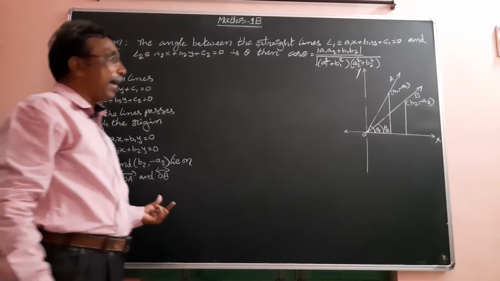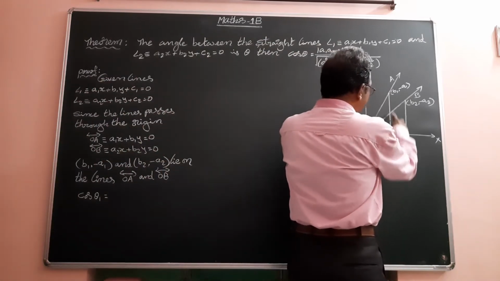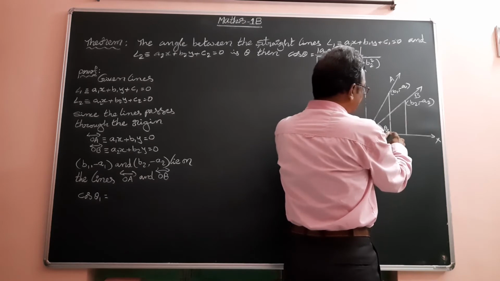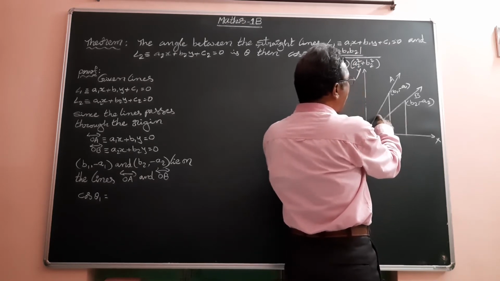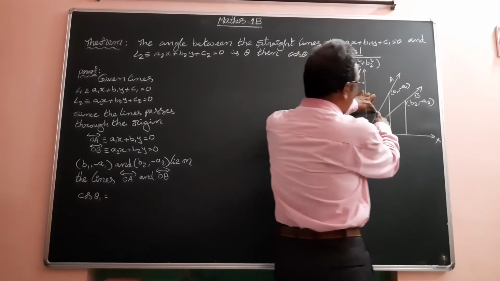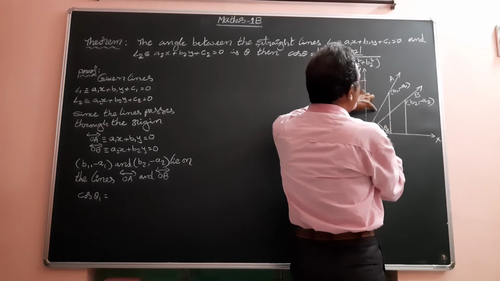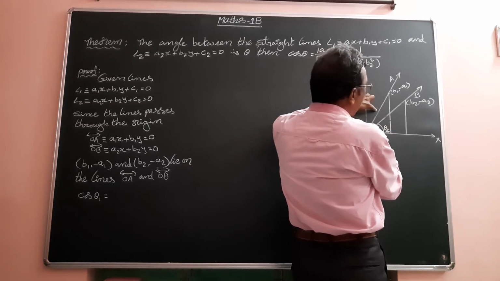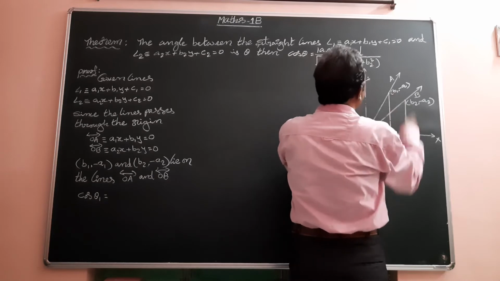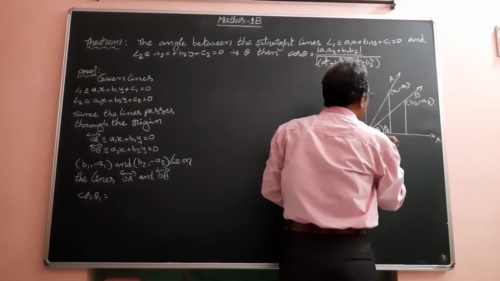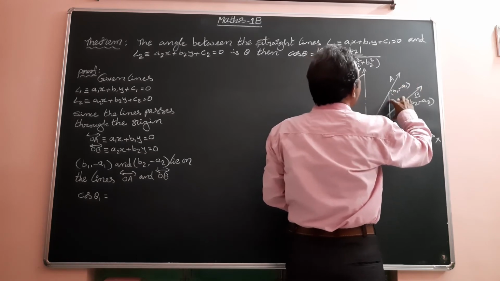Adjacent side by hypotenuse. This is a right angle triangle. This is 90 degrees, 90 degrees opposite is the hypotenuse. This angle's opposite side, remaining side is the adjacent side. So adjacent side, this one, how many units? B1. This one is minus A1.